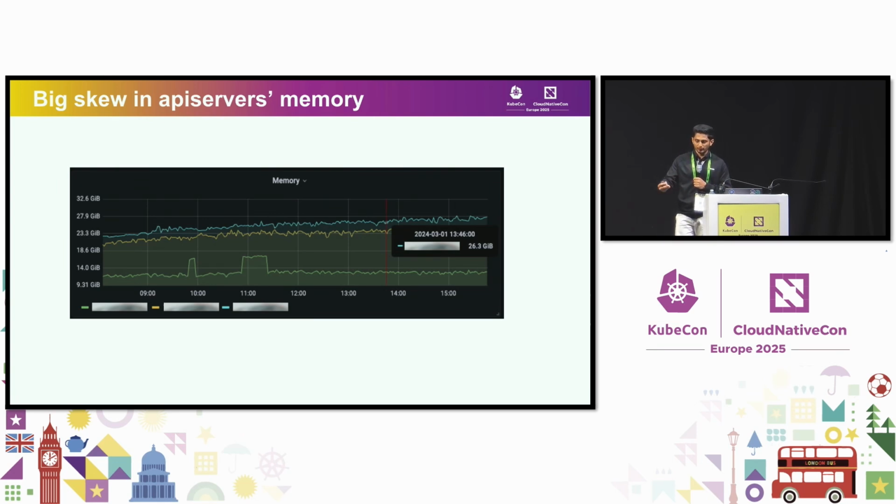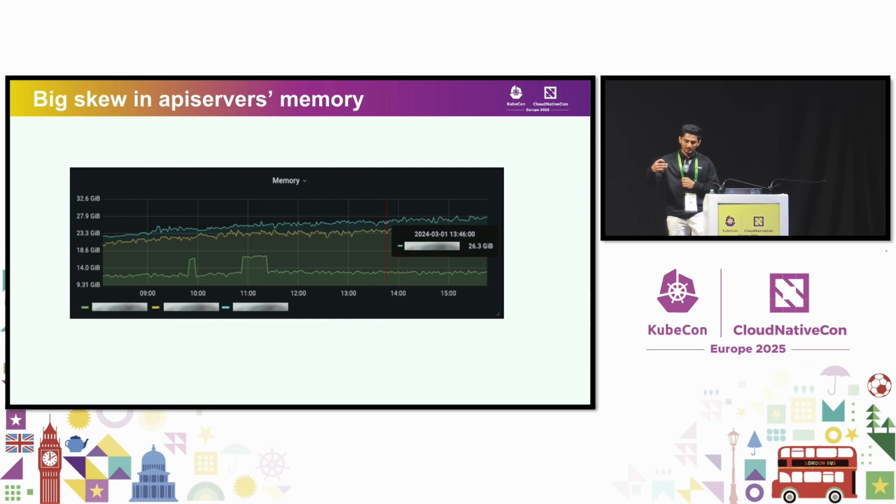So in an unfortunate event, let's say a list storm comes in and the blue API server gets killed, and all of its connections are now load balanced between yellow and green. And since yellow is not much far off in terms of memory utilization, the chances of it getting killed are much higher, as all the requests from blue get transferred to yellow and green.